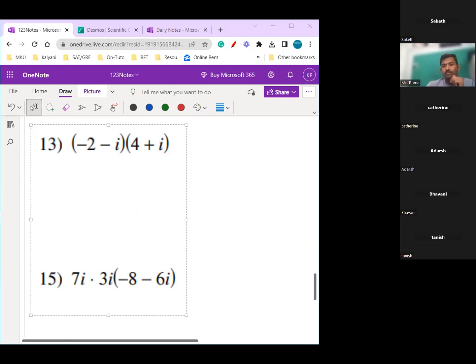That's good. Make sure you guys are getting familiar with multiplying with the i's and i squareds and all those things. Okay, good, good.